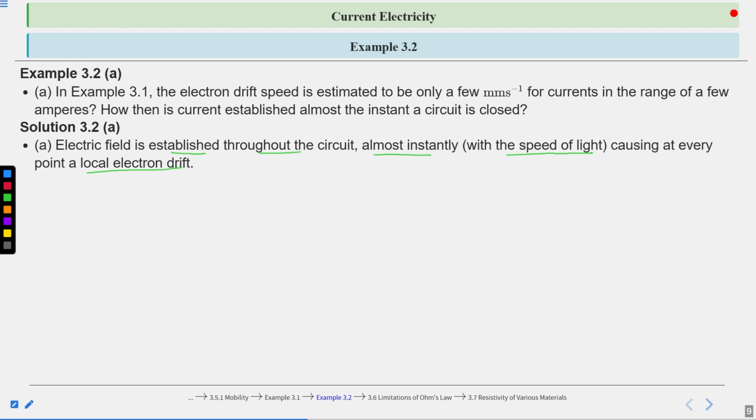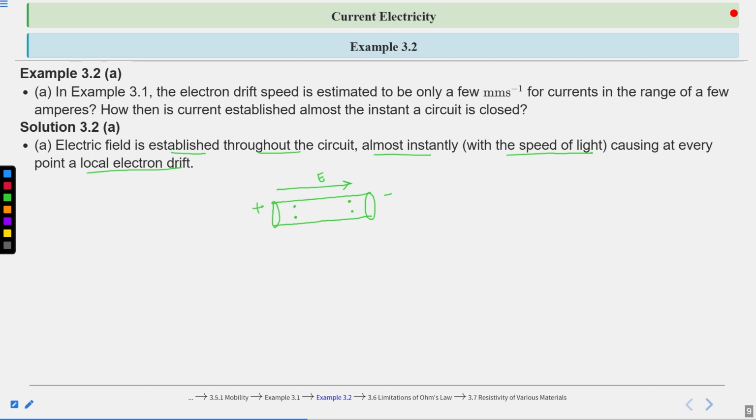Okay, not only at that end. If there is a conductor like this, with two electrons here and two electrons at that end, and we are creating a potential difference, this is the direction of the electric field. So the electric field will establish instantly without taking any time.